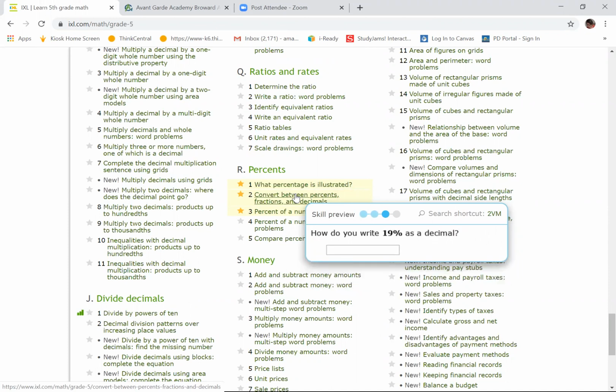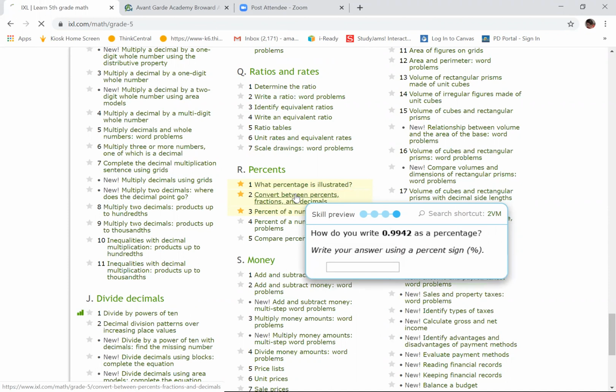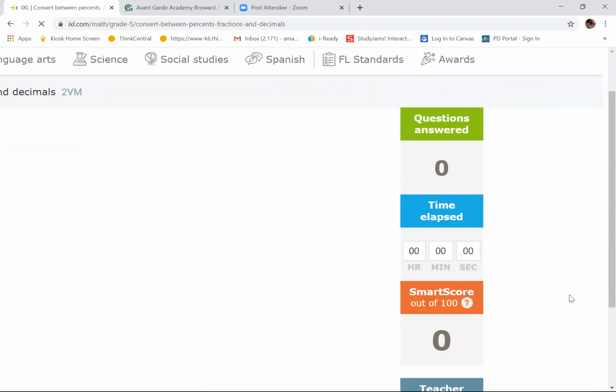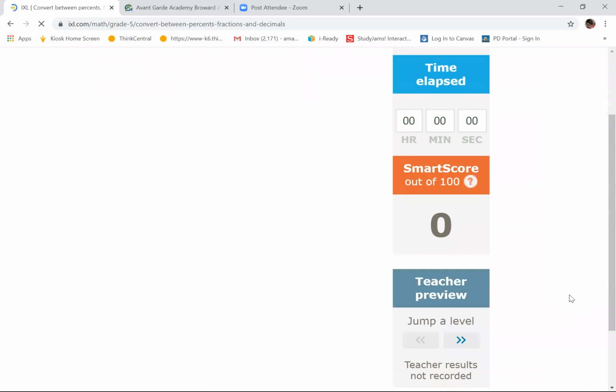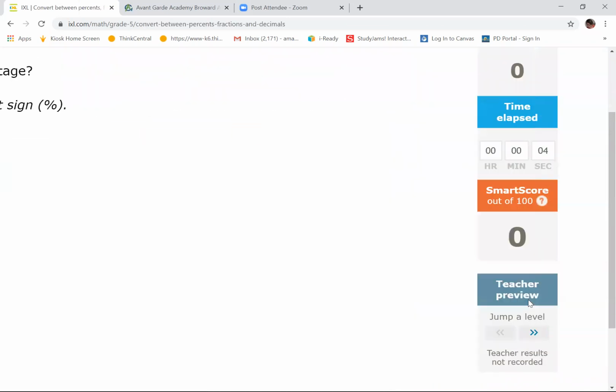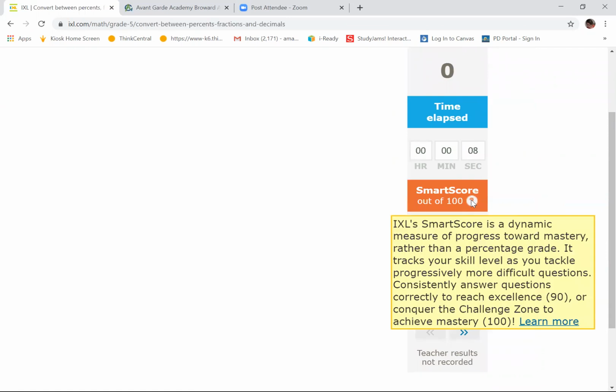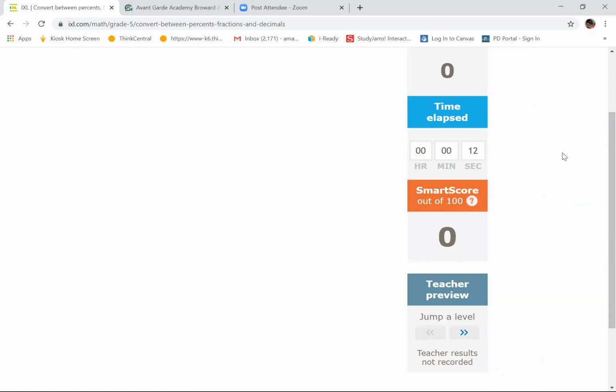And that's what I love about IXL. Look what your SMART score is out of, your SMART score out of 100. So we want 100%.